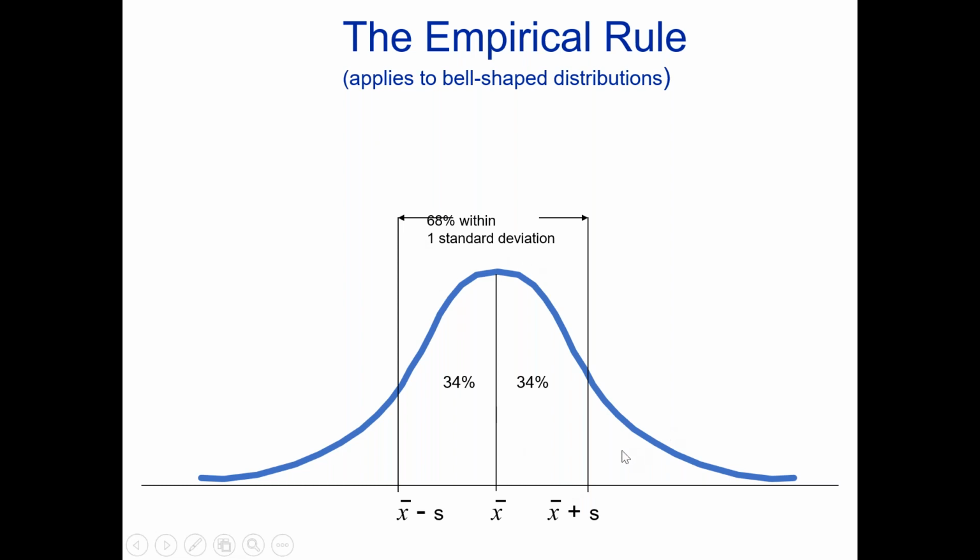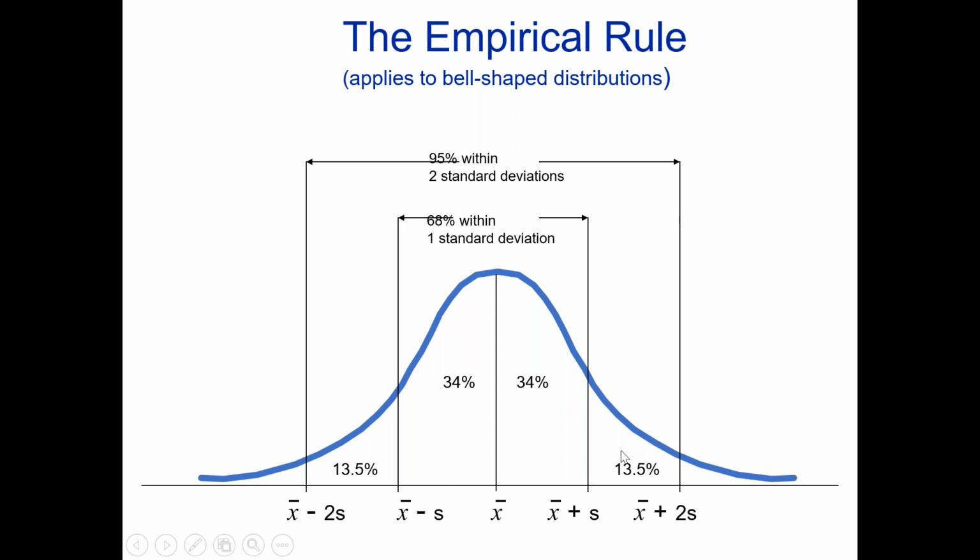Then if I talk about two standard deviations, it will be a little further away. Then 13.5% on the right hand side, 13.5% on the left hand side, you can see here the two standard deviation values. So it becomes wider now, from the left hand side to the right hand side, and the values lying within this two standard deviation would be approximately 95% of the sample.